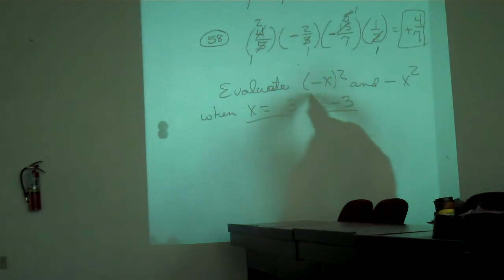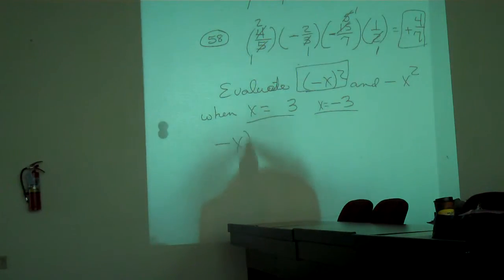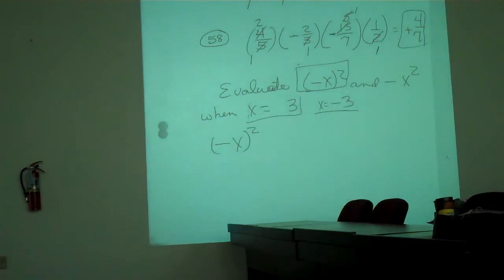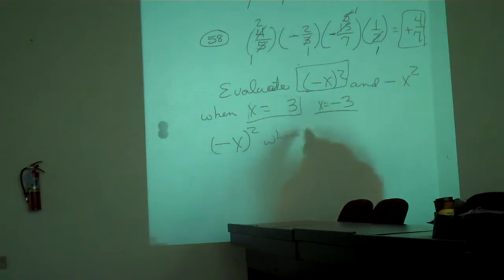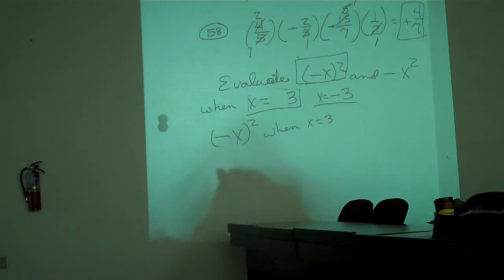Let's do this one first. The negative x squared. Let's do it with this one, when x equals 3. Okay, so where the x is, we'll put a 3.